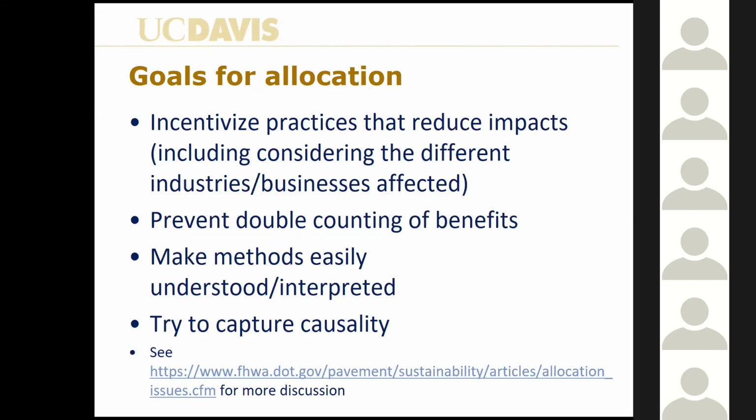We want to prevent double counting of benefits or impacts, meaning that we don't want to pick a method for allocation that allows us to basically create, I would say, imaginary benefits from among product systems. We want to select methods that are easily understood or interpreted, and it's best if we can actually try to capture causality in terms of what impacts are caused and how.